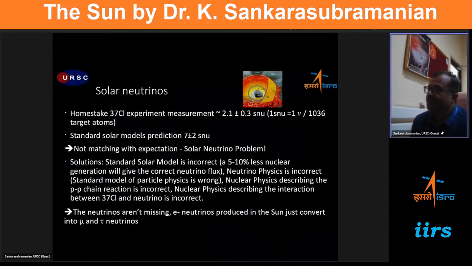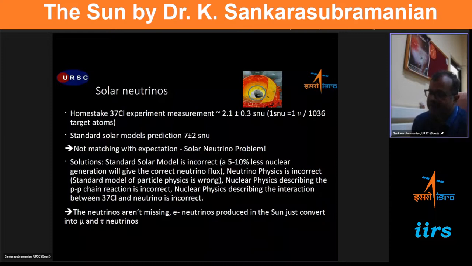Initially, it detected typically 2 neutrinos, whereas the expected number was somewhere around 7. So we were falling short by about a factor of 3. There was a lot of debate on this solar neutrino problem. Why are we detecting much lower than what is supposed to be from the standard solar model?